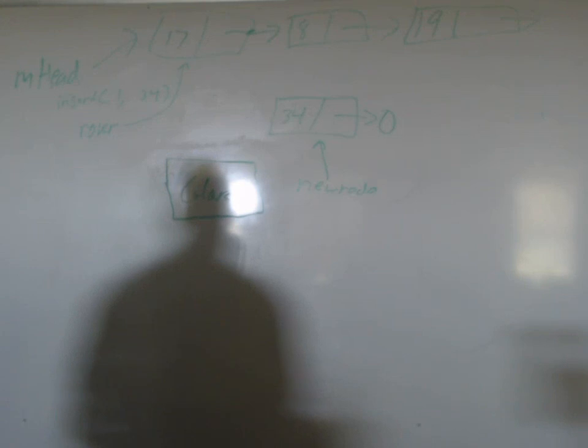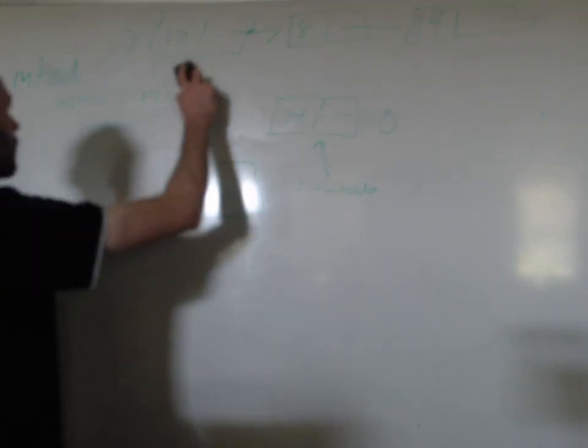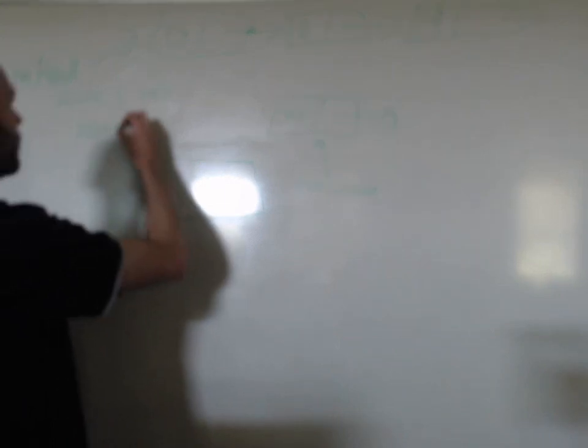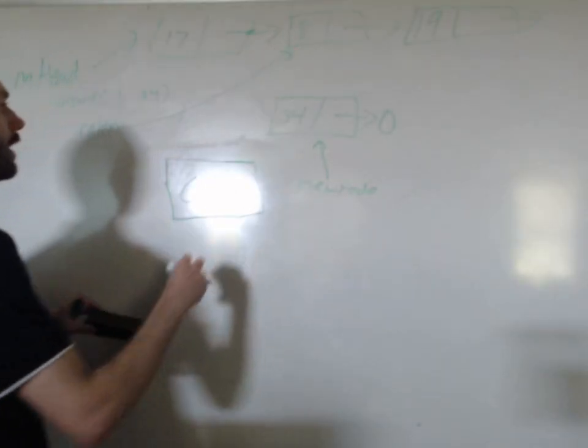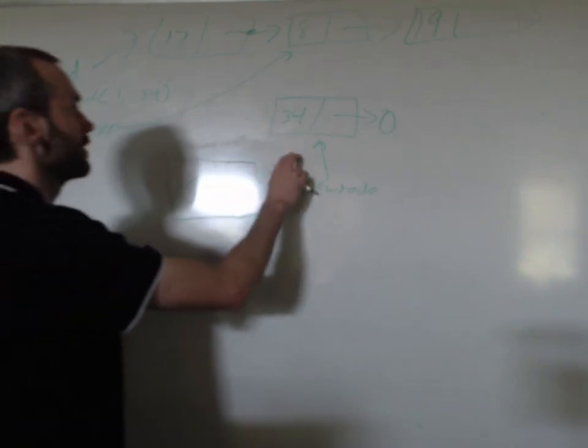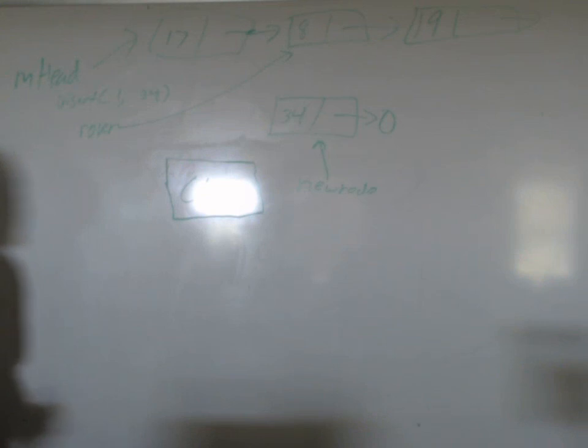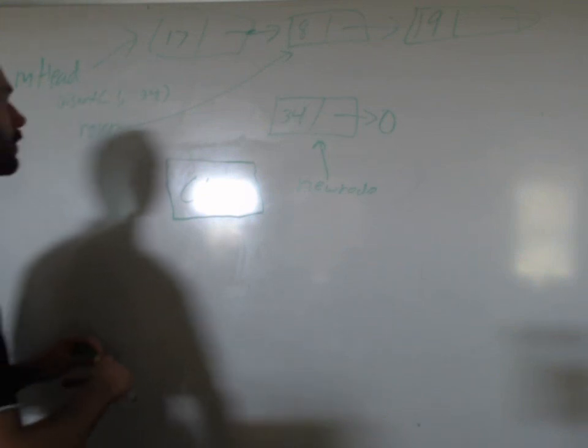Awesome. Then we're going to move it how many times? Pos times, which means that rover will now be pointing here. Okay. So how do we get this node to be right here? Just have the rover point to the new node instead of that position.